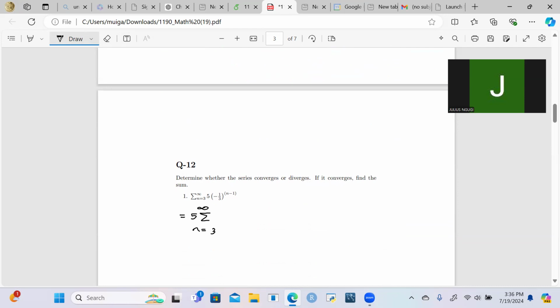I can factor out 5 to get minus 1 over 3 raised to the power of n minus 1, which can be written as 5 times the sum with n from 3 up to infinity. I can use the rules of indices to write this as minus 1 over 3 to the power of n, multiplied by minus 1 over 3 to the power of minus 1.